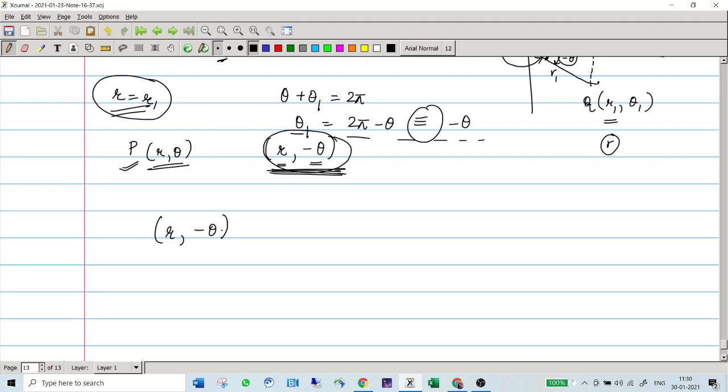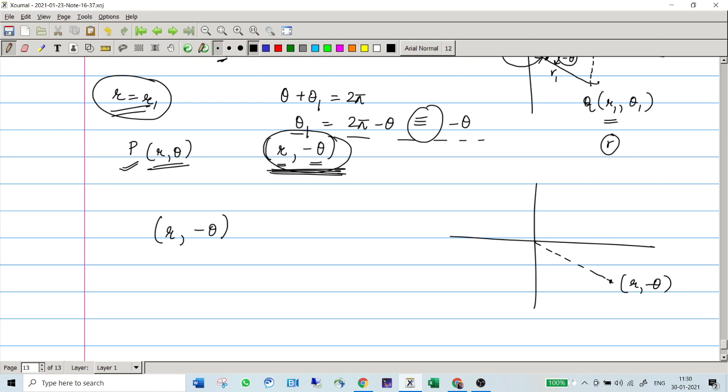So let us see. If your point was this (r, minus theta), somewhere here, let's say this was the point, it can be reached in some other sense as well. In some other sense means we can travel either towards the origin or away from the origin, right?